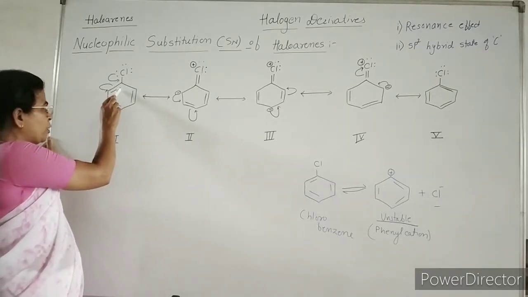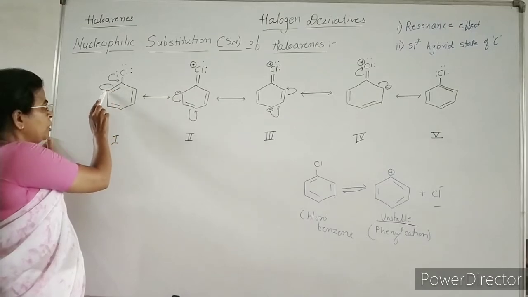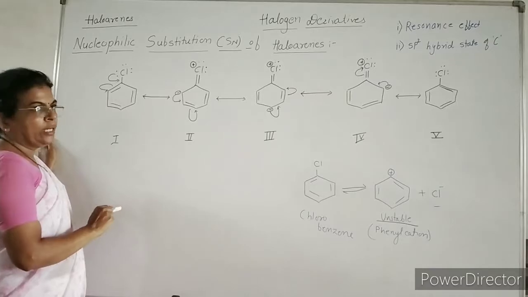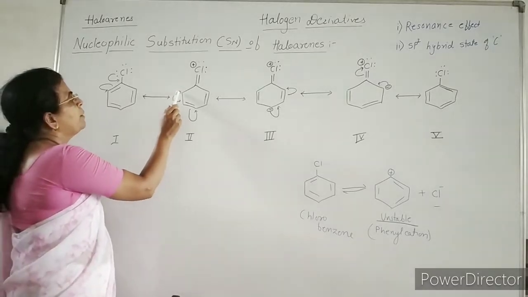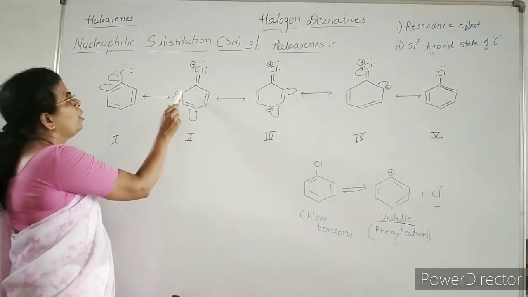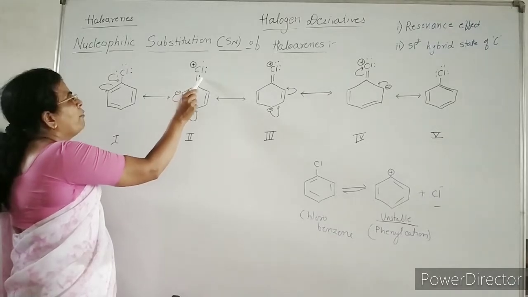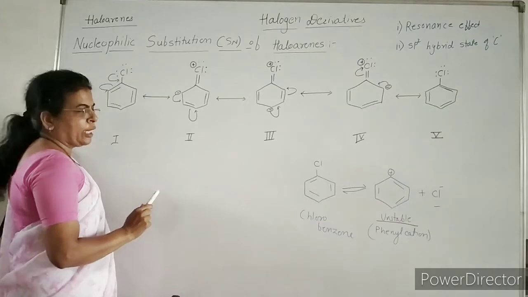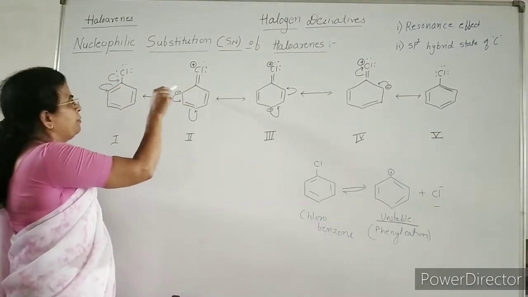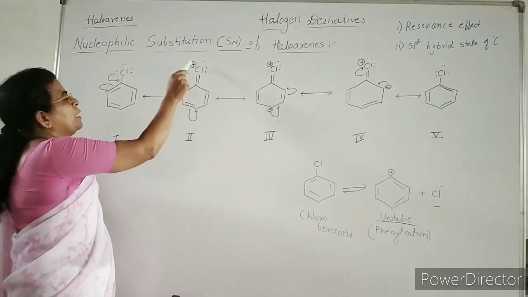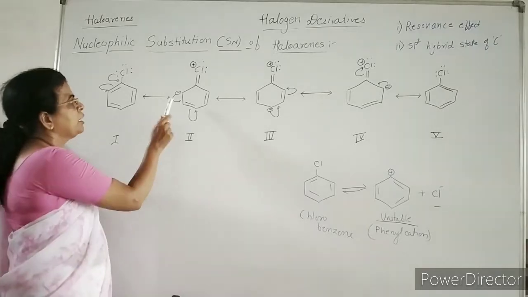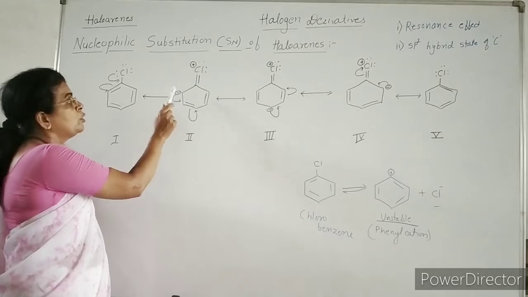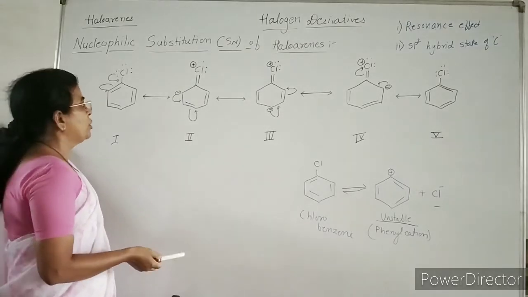Therefore, these pi electrons get shifted onto the ortho carbon atom, and we get this structure in which the ortho carbon atom possesses a lone pair of electrons and the C-Cl bond acquires double bond nature. Chlorine acquires a positive charge because 2 electrons get shifted towards the aromatic ring, and the ortho position has a negative charge. That is, the ortho position becomes electron rich.